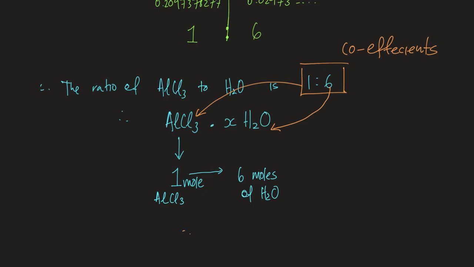So therefore the formula is AlCl3 dot 6 H2O. And that is how you do waters of crystallization.